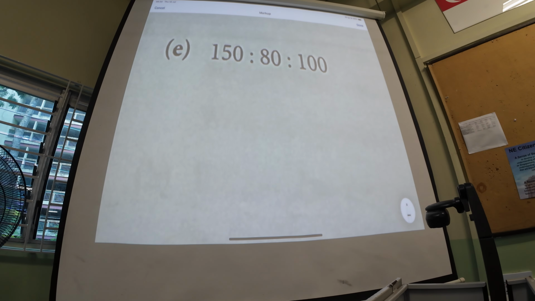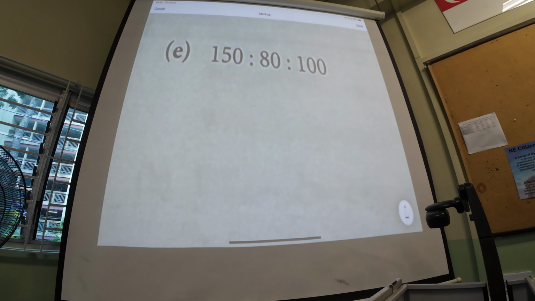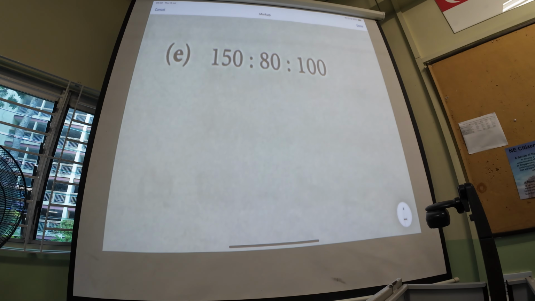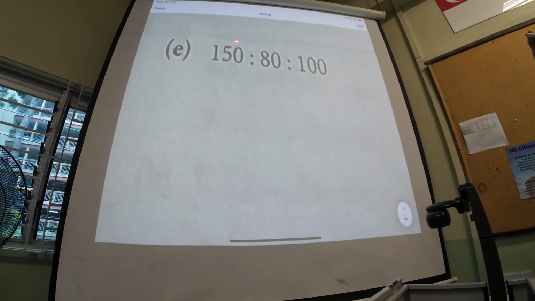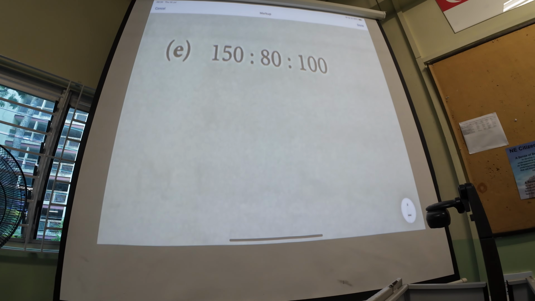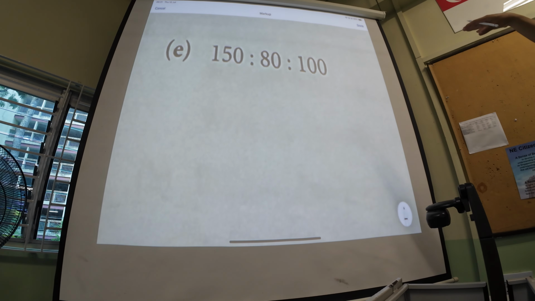Okay? So all of their proportion will change together when we have three quantities. 150 is to 80 is just like 80 is to 100. It is also just like 150 is to 100. Okay? So there are three quantities here.